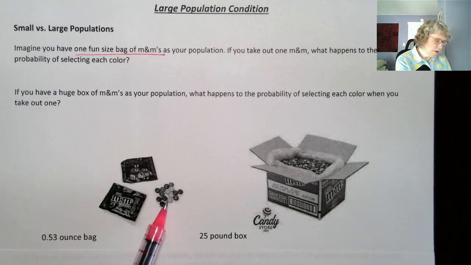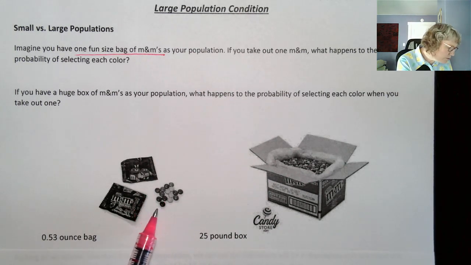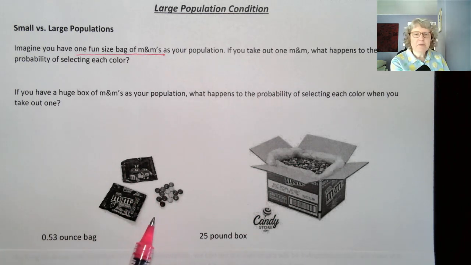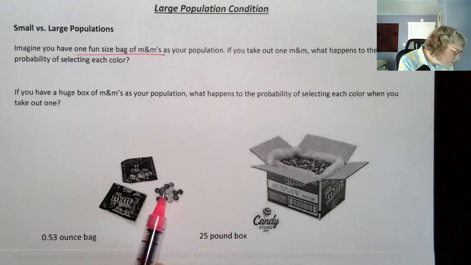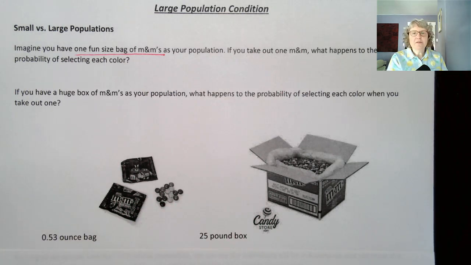Let's say you've got about this many. I could actually count them. 4, 5, 6, 7, 8, 9, 10, 15. Okay, 15 M&Ms here. And let's say you just want to know the chance of a particular color.